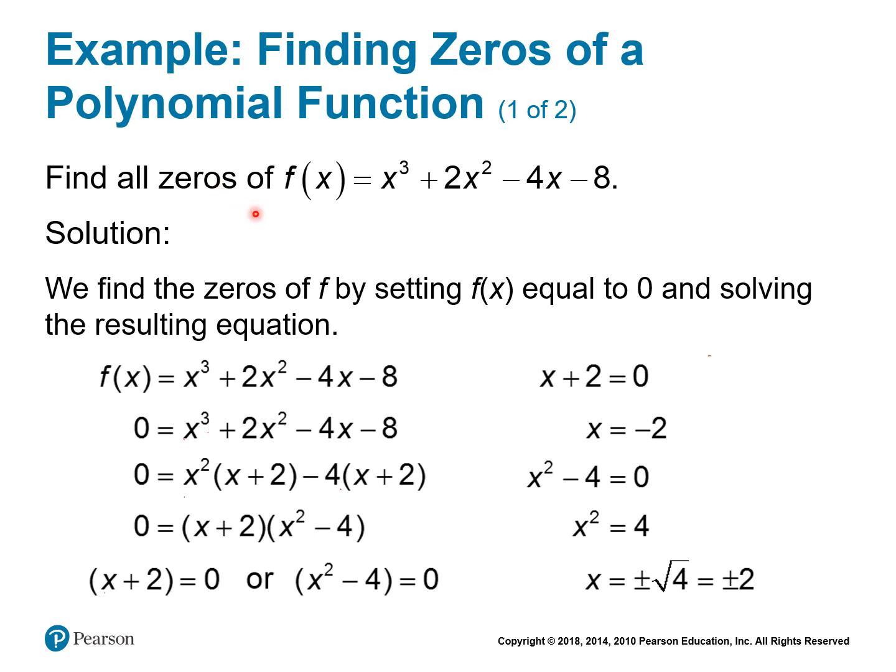So all we do is we replace the f of x with a 0 and solve for x. Now, based on this expression with 4 terms in it, we can factor this by the grouping method and be able to solve for x.